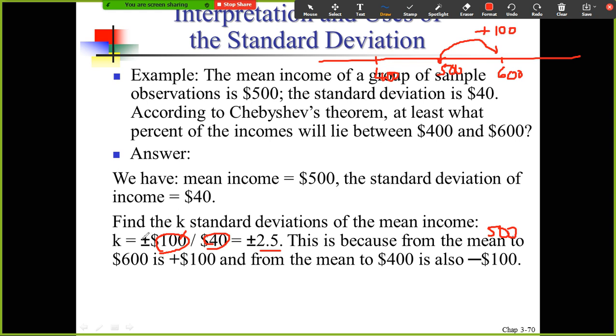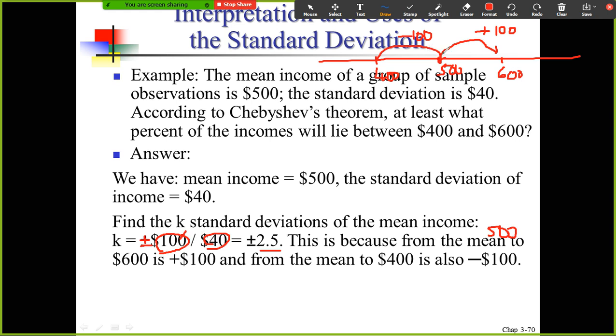That's why plus 100 here. From the mean 500 to 400, this is minus 100. That's why we got minus here. Divided by number of K.